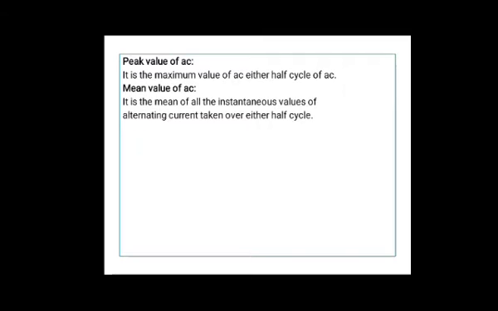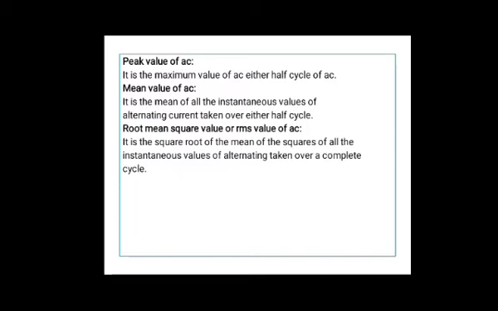So mean value of AC means what? How will you calculate average or mean? Like that only we have to take for mean value. That is, it is the mean of all the instantaneous values of alternating current taken over either half cycle. When mean value is calculated for AC over a full cycle, usually we get 0.